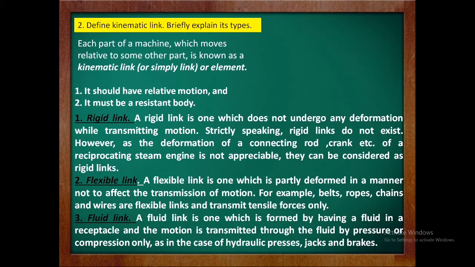Third one is a fluid link. A fluid link is one which is formed by having a fluid in a receptacle and the motion is transmitted through the fluid by pressure or compression only, as in the case of hydraulic presses, hydraulic jacks, hydraulic brakes.